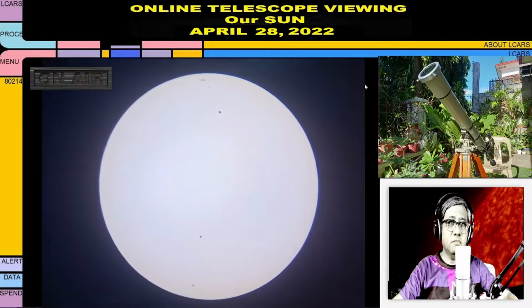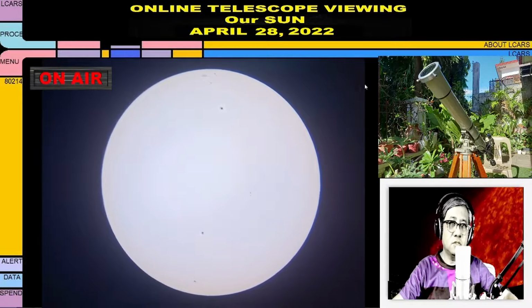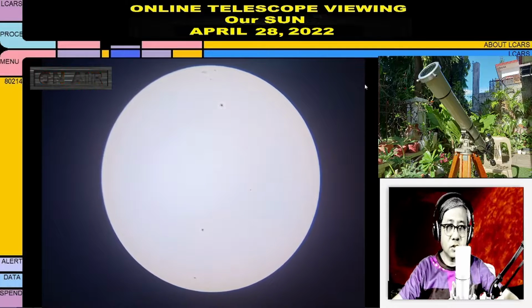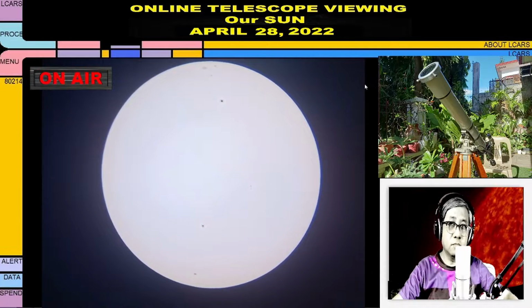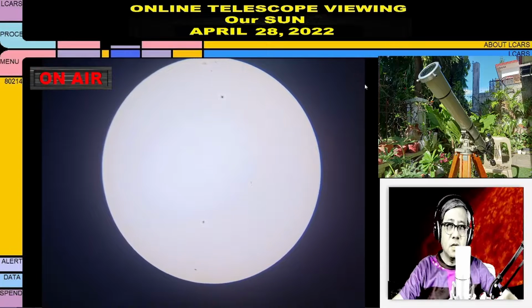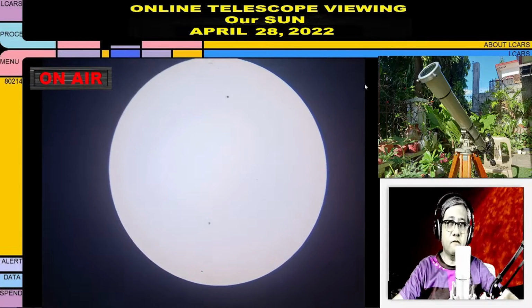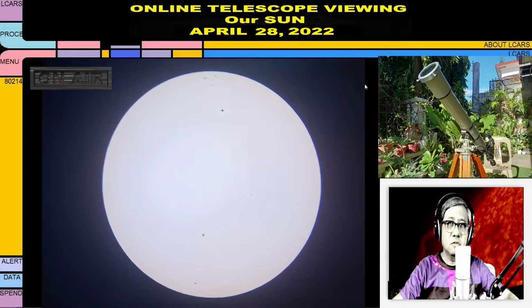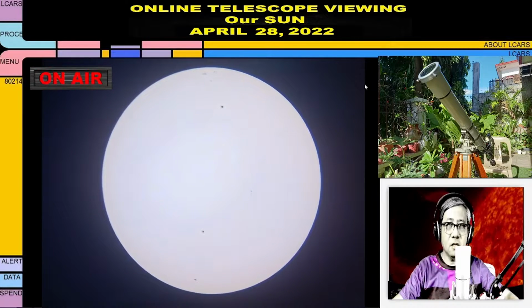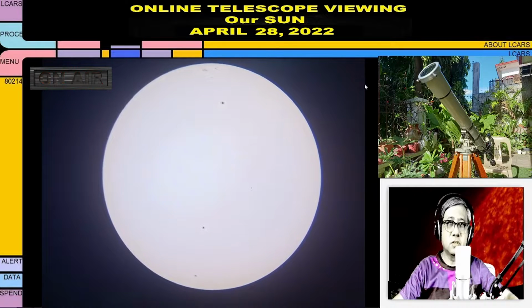Alright po, so ayan po yung mga sunspots. Those are cooler areas on the surface of the sun, yung photosphere, and that is due to disturbances in the sun's magnetic field. Technically, these are magnetic storms.